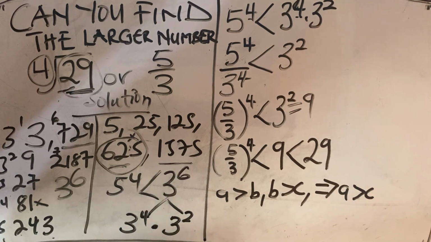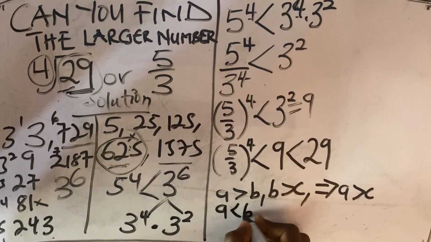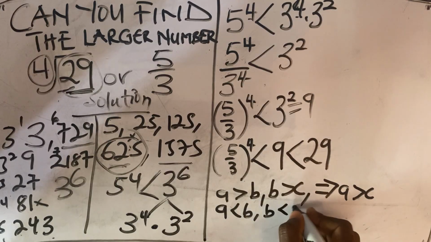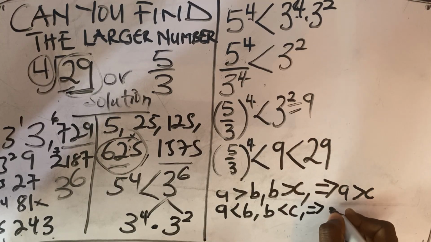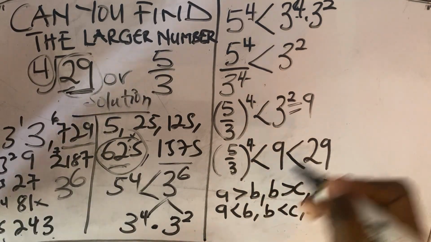That is from the transitive property. In the same way, when we have A less than B and also B is less than C, then this also implies that A is also less than C in this case. And that is a property that we have over here.